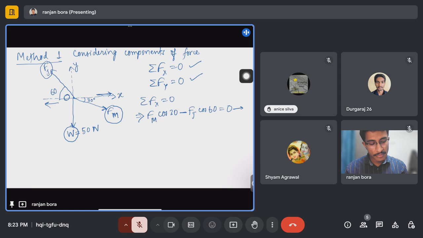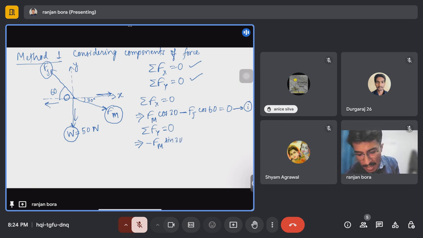So this is one equation we have found, equation 1. And similarly, we will find the equation along the y direction. For the y component, the component of Fm along this direction will be Fm sine 30, but that is acting along the negative y axis, so it will be minus Fm sine 30, and the component of Fj along this direction will be plus Fj sine 60.